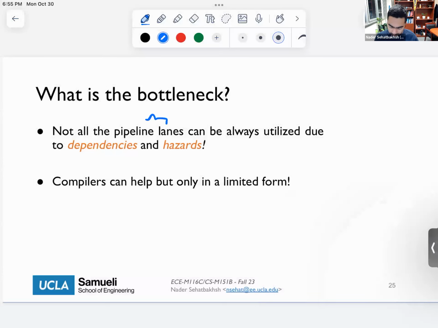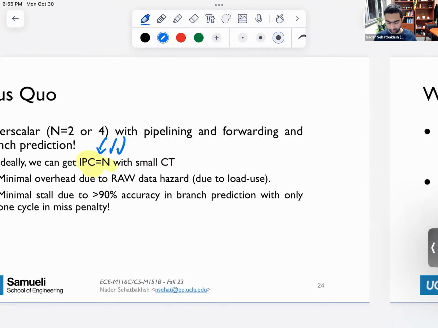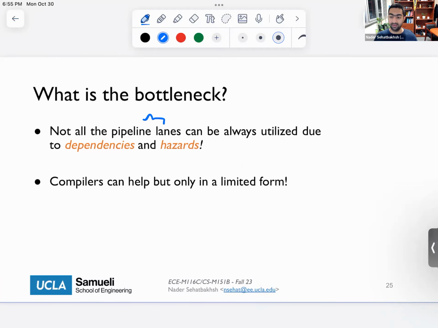As I said, the biggest bottleneck in superscalar processors is the fact that we cannot really fill all the pipeline stages with instructions due to the dependencies and hazards. One thing to mention is that compilers can help to reduce this.